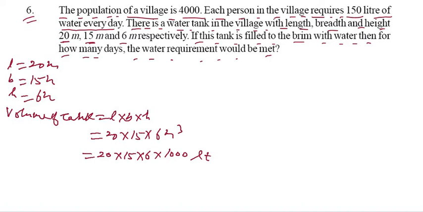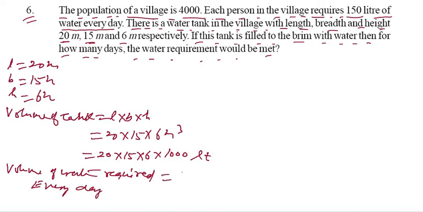Now water required every day. So volume of water required every day will be equal to the population 4,000 into 150 liter per person. So that volume is required per day.